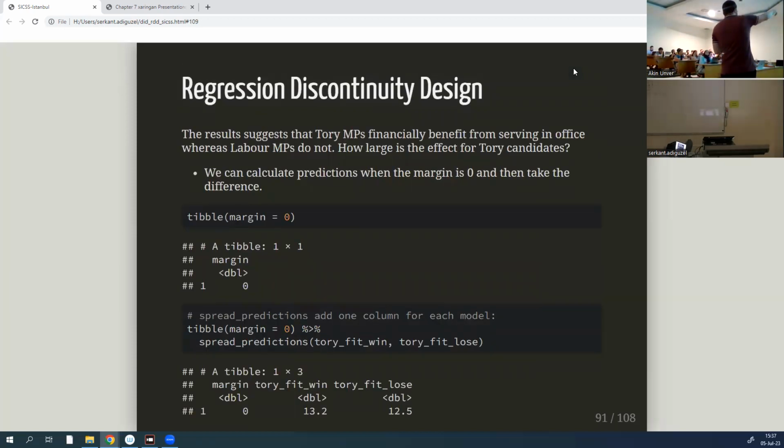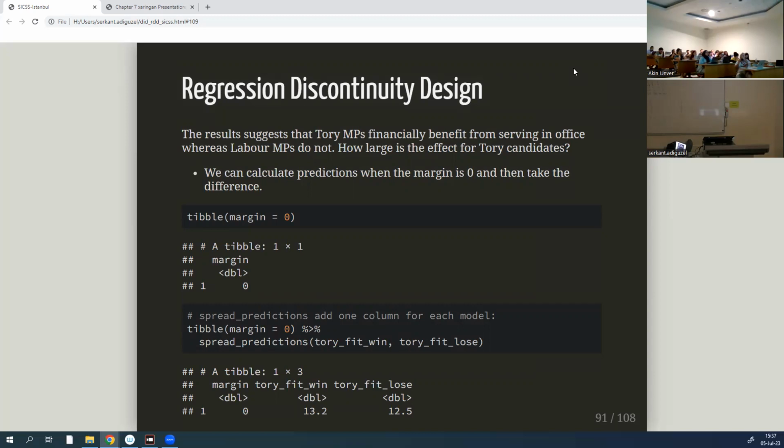So this is visually what I'm showing, but you can also calculate it, right? I'm just at the margin 0, looking at predictions. spread_predictions just allows you to do predictions in multiple models. And again, another convenient function, but you don't have to use this. So this is the difference for Tories.